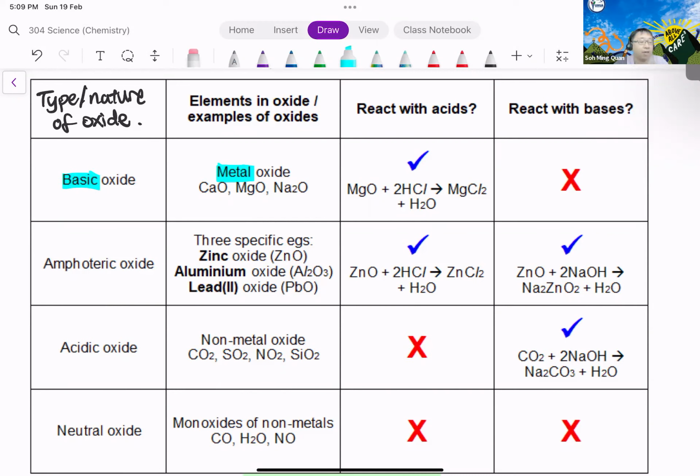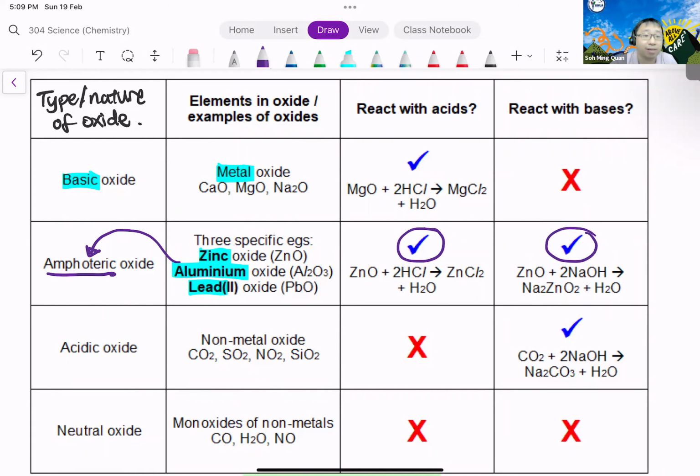Okay. However, there are three exceptions you need to be very familiar with. Zinc, aluminium, lead. These are metals, but they don't form basic oxides. They form amphoteric oxides. Now, amphoteric means it has properties of both acids and bases. It can react with both acids and bases.